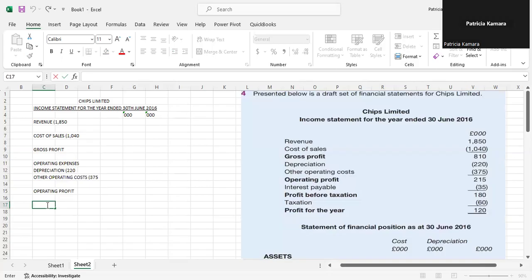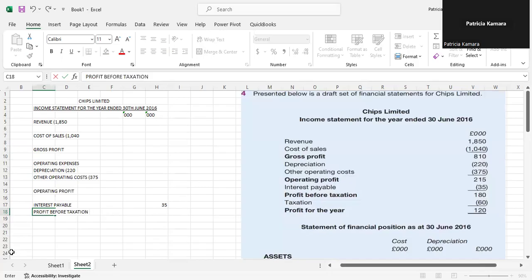And then we have interest payable, the amount of interest that we have to pay on loans, okay? Interest payable has been given to us as 35,000. And when we deduct our interest payable, we arrive at a figure which should be termed profit before taxation or profit before tax.